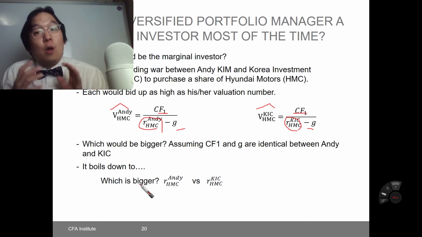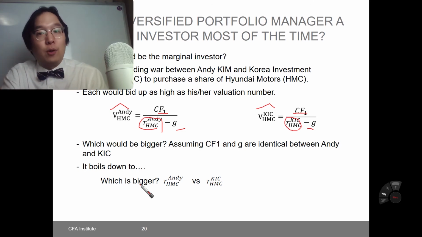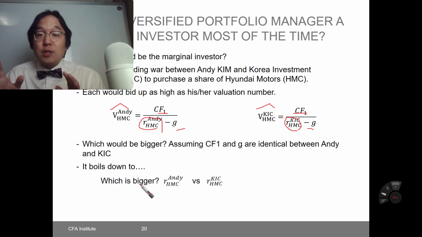So, based on that, would the risk they perceive about Hyundai Motor be the same as the risk I perceive as Andy? That is an important question. Which would be bigger, assuming cash flow and G are identical between Andy and KIC?